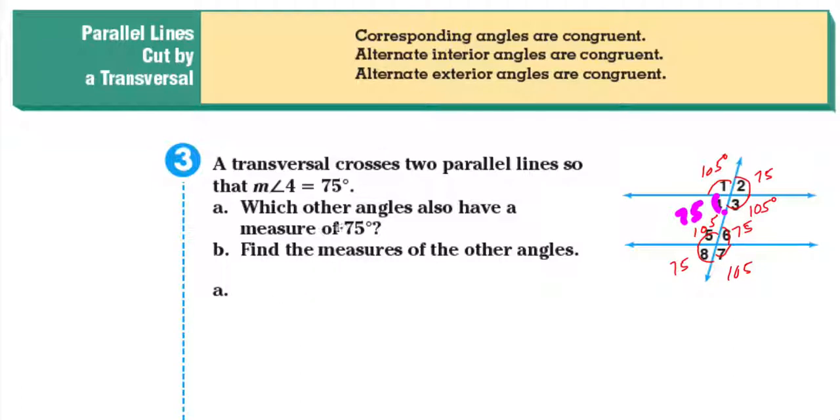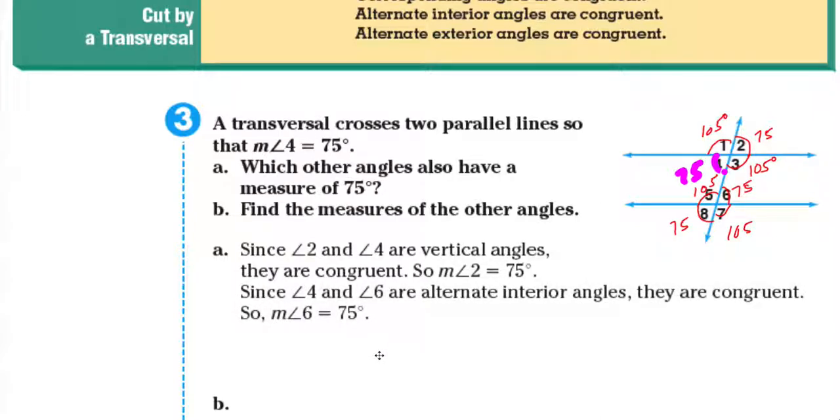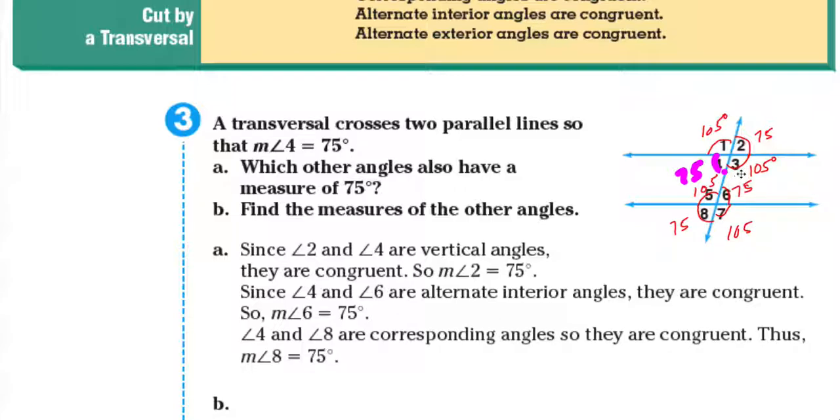Which other angles also have a measure of 75 degrees? Angle 2, angle 4, so they also have it. Since angle 4 and angle 6 are alternate interior angles, they also have 75 degrees. So our 75 degree angles are 2 and 4, 6 and 8.